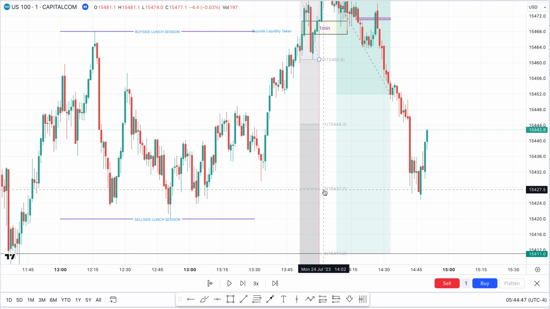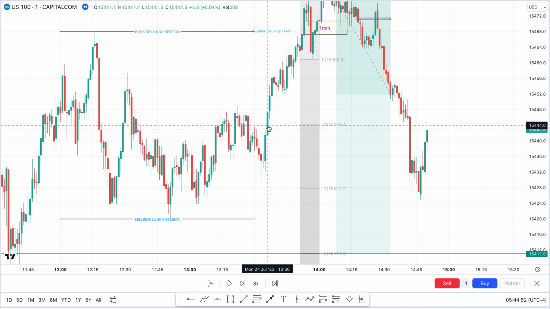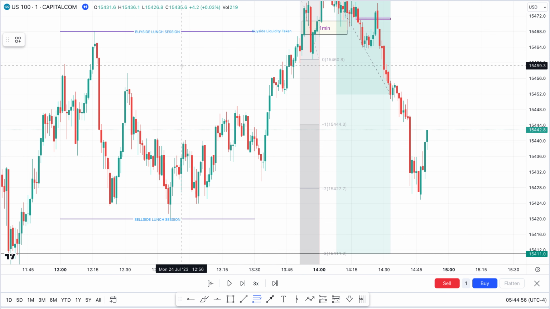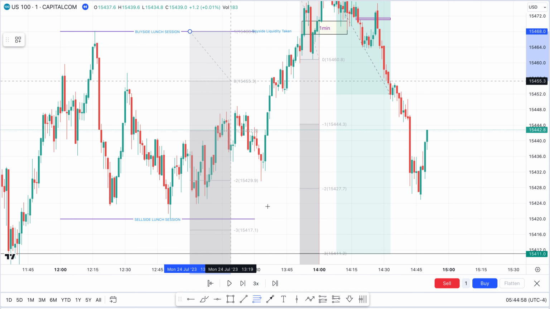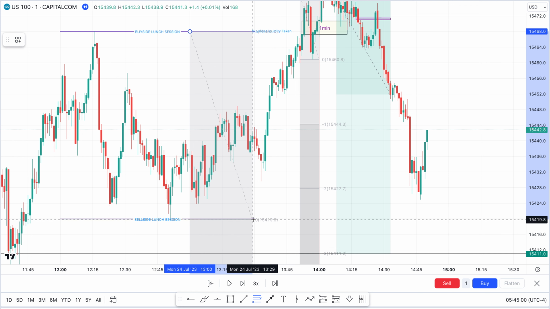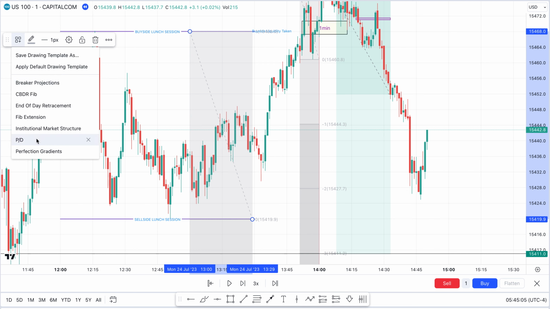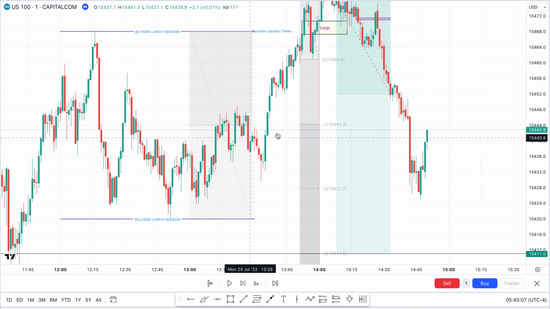Now you can take partials down here at -1, -2 standard deviation, because that's a fair value gap, and also, if I'm using this range, the lunch session, it's at equilibrium, not discount, my bad.